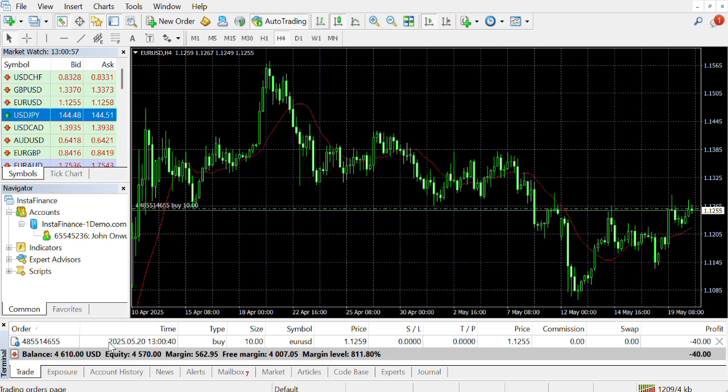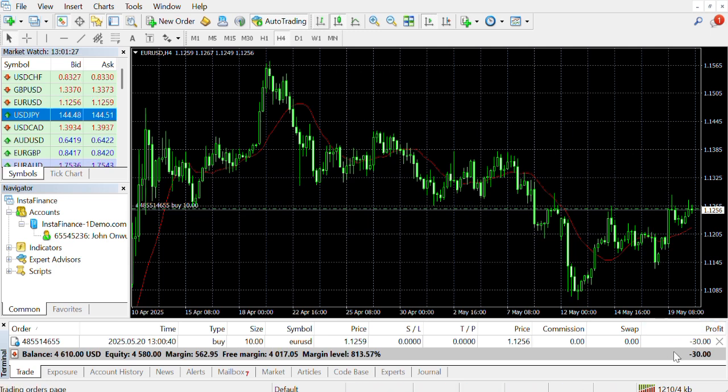So these are the details of the trade: buy, the time, then the size, which is the 10, then the symbol Euro USD, the price, and the current price. And this is where we are. If we leave this trade to go on and eventually the price goes up in our direction, that is where we are going to make gain. But if the price goes down, because we are buying, the loss will also keep on continuing.